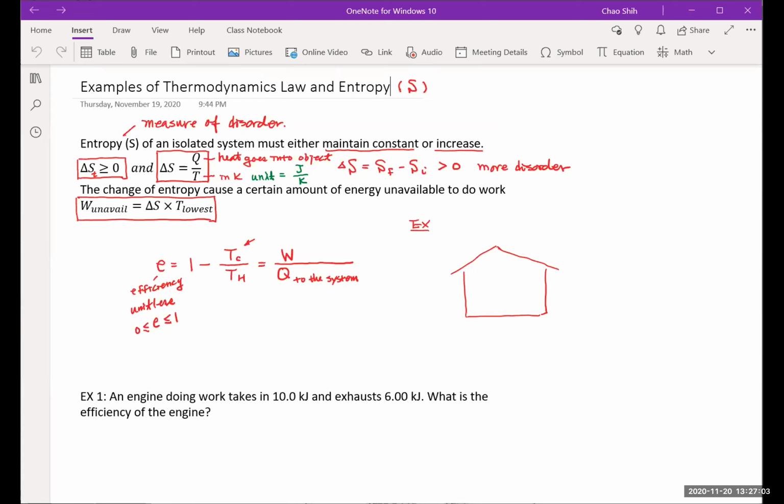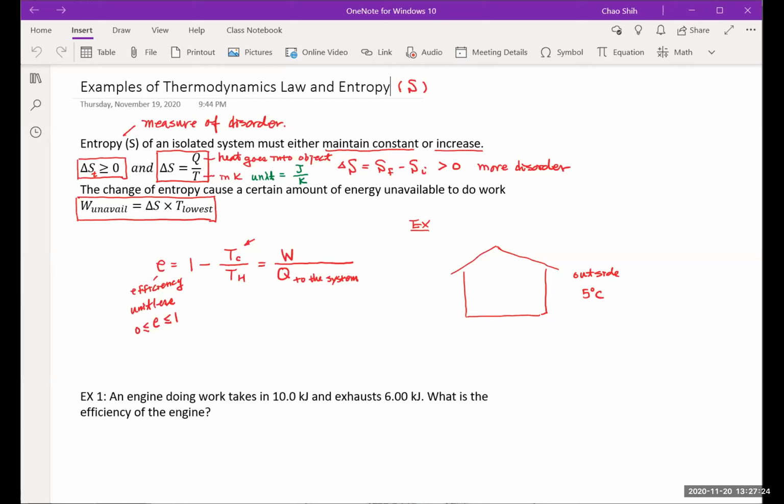Let's say that we have two different temperatures, and outside of the house we have 5 degrees Celsius.